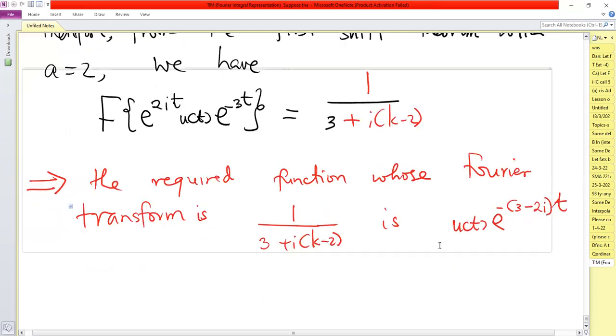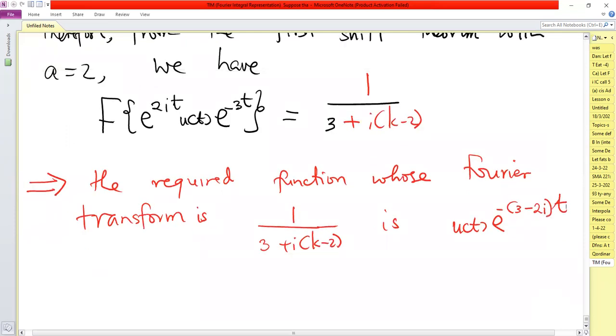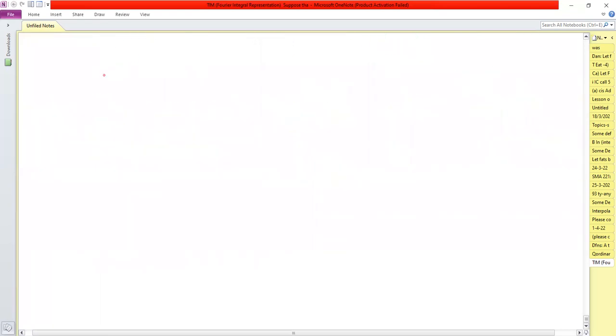Another example on the application also of the first shift theorem.